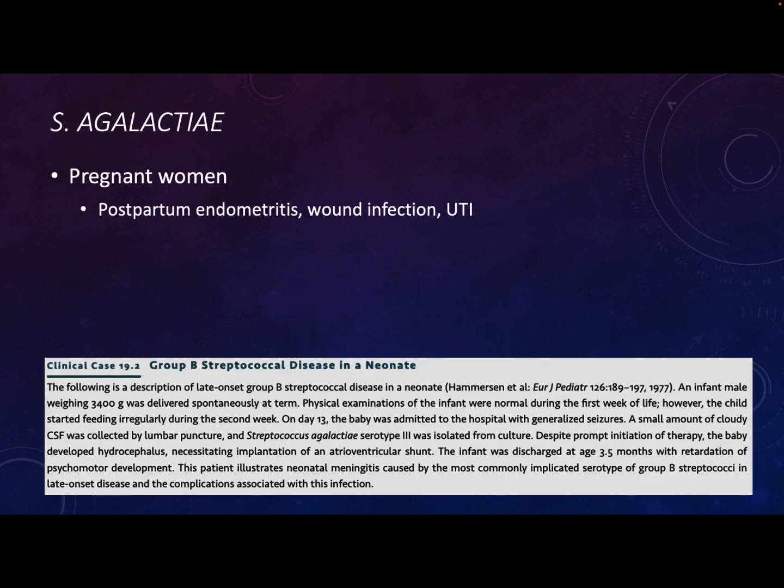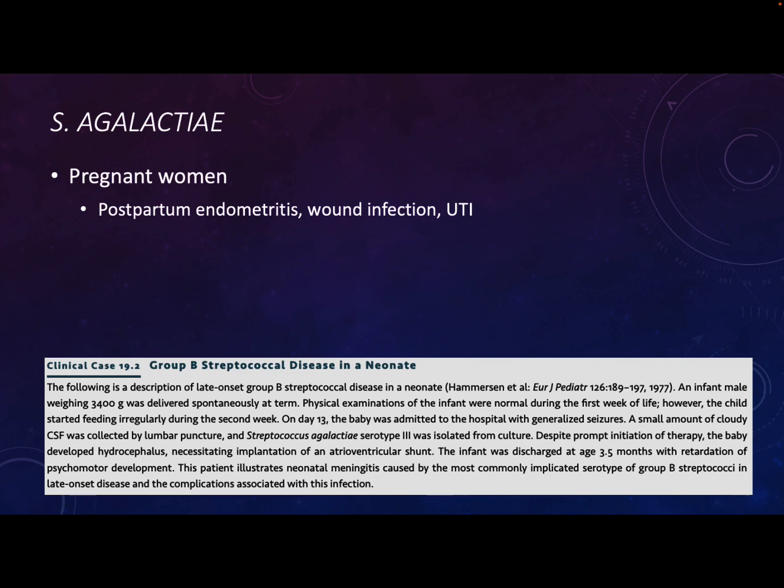When a woman has this infection, especially during pregnancy, right after birth, that can predispose her to some significant complications as well. Let's say she has group B strep, perhaps she wasn't diagnosed, or wasn't treated, or the treatment didn't work, whatever.